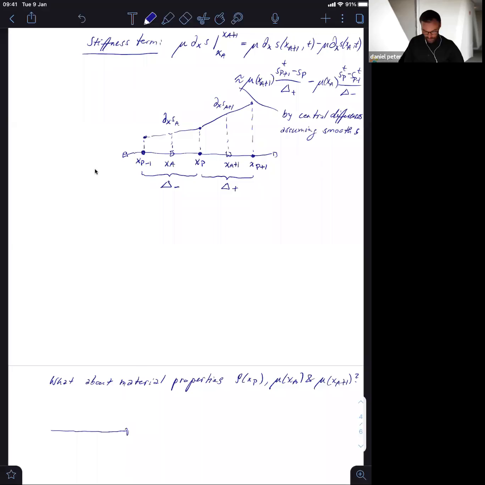So if we have our cell with xa and xa plus 1, the cell face, and the centroid at xp, then here we would have rho p needed, and on the boundary we would have the shear moduli needed.